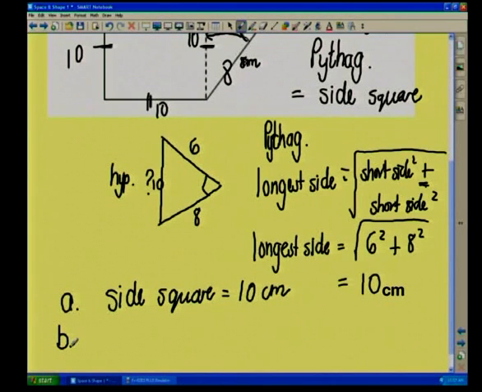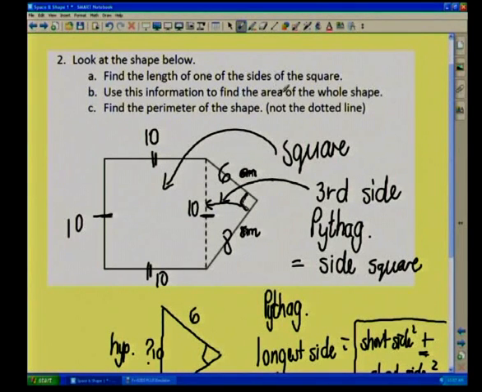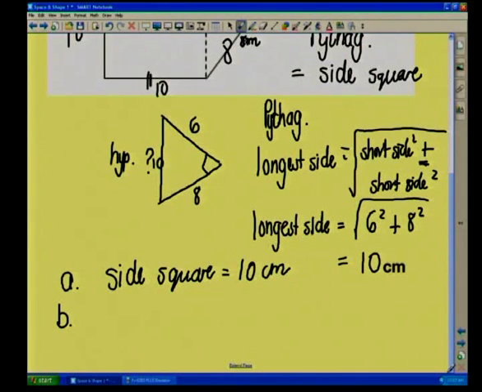Right, B. Use the information to find the area of the whole shape. Now this is quite similar to the one we had previously. I've got the area of a square and I've got the area of a triangle, and in order to find my total area I need to add those two areas together.